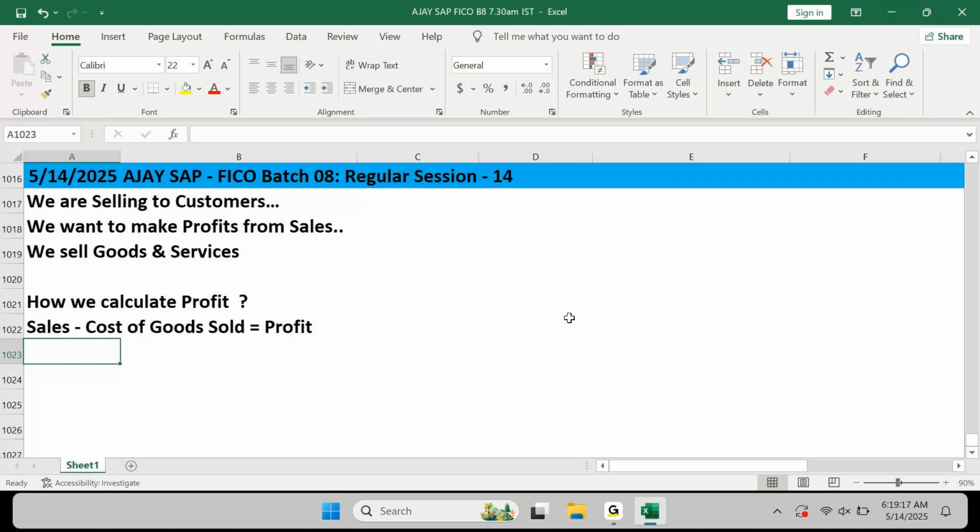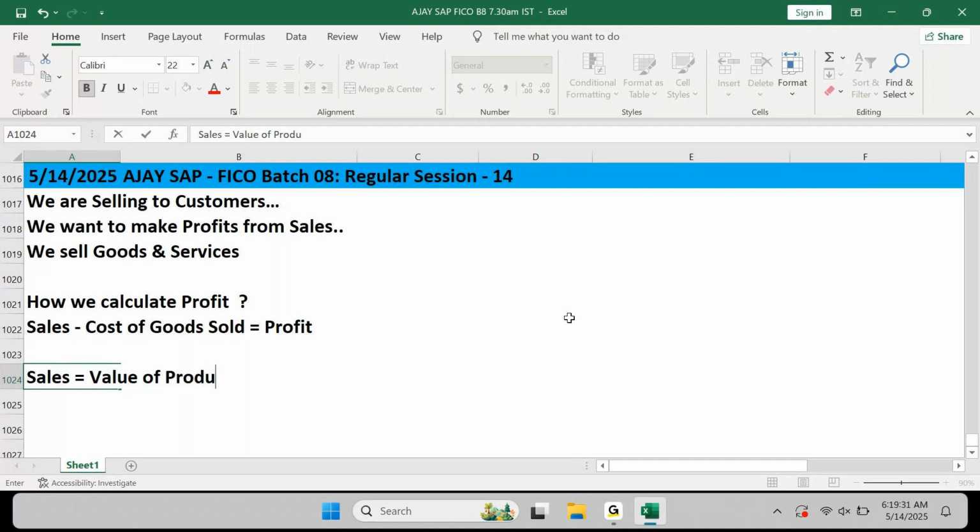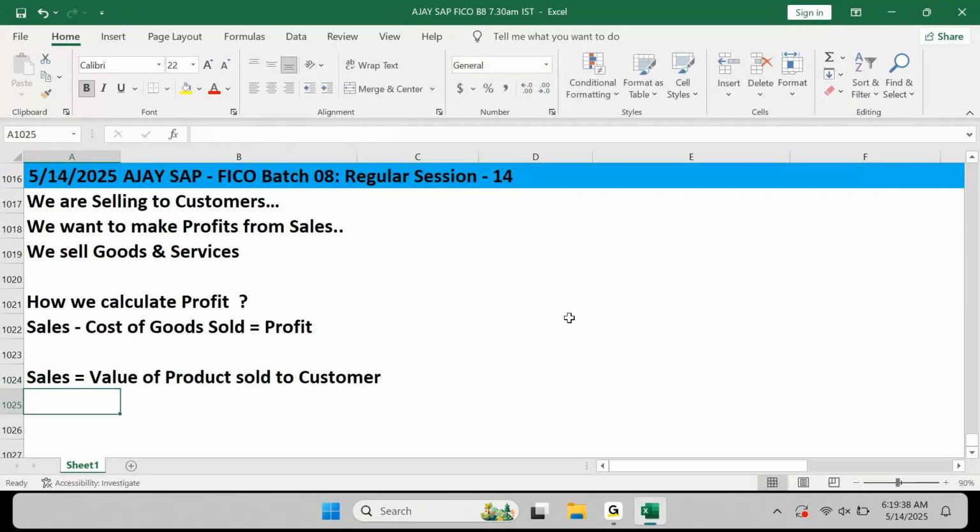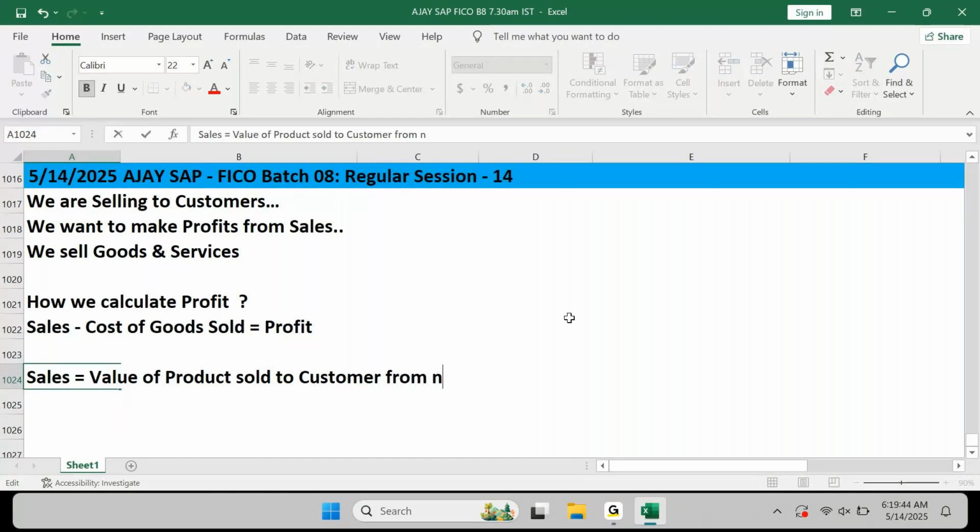Now, to be very specific, sales is equal to the value of the product sold to the customer, from the invoice.